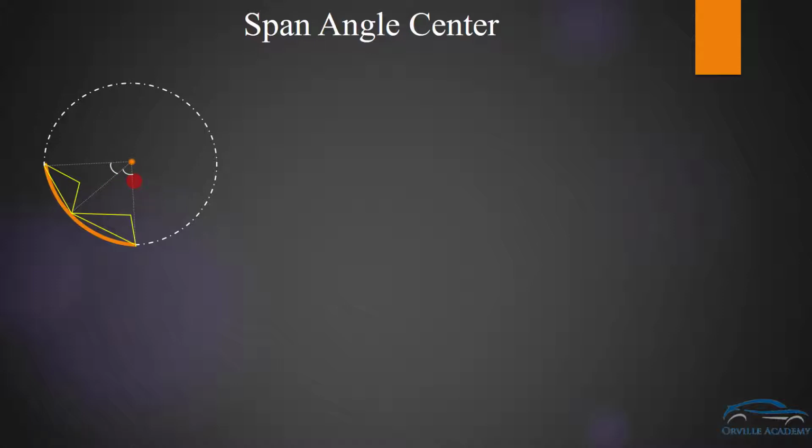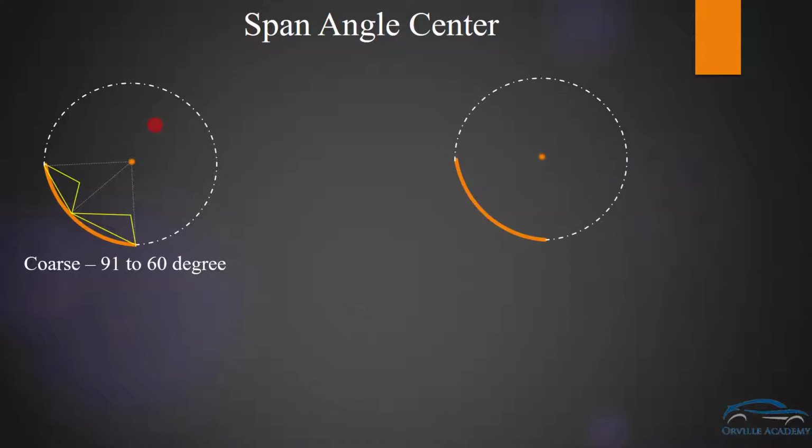So once I set the span angle center to coarse, automatically each individual element will span the angle within this range. But let's say what will happen if I set the span angle center to medium. Here also the logic is going to be the same. But at the time of element placement, since the angle for each individual element to span is very small, you can see more elements are getting fitted into that curvature region.